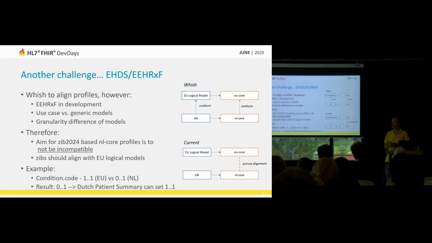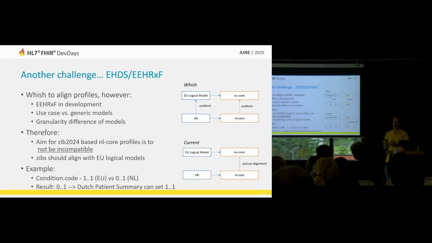What we also notice is that they have more of a use case mind when developing the profiles, while the zips are really use case agnostic, so that also sometimes results in hard-to-make mappings. And there are some granularity differences between the zip models and the logical models on the EU side. So for this version we're now developing, we have chosen to not be compatible.